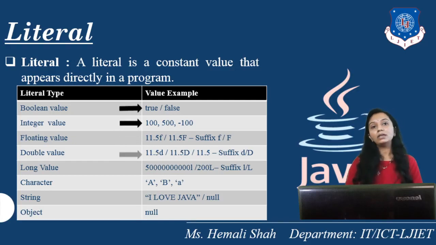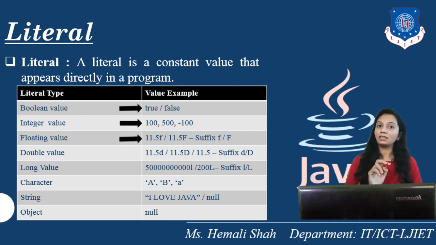For the floating point literal, you have to use small f or capital F with the floating value. Otherwise, it will become a double value. So though you are using floating point, it will be stored in the size of a double, and that will be 8 bytes, right? So keep in mind this thing.